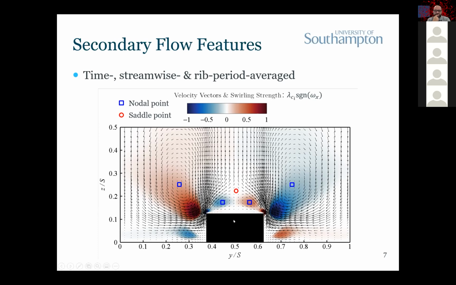I have denoted a saddle point with a red circle and nodal points with blue rectangles here. The outer nodal points are well-known features, but the other three here close to the rib weren't very clear in the past.